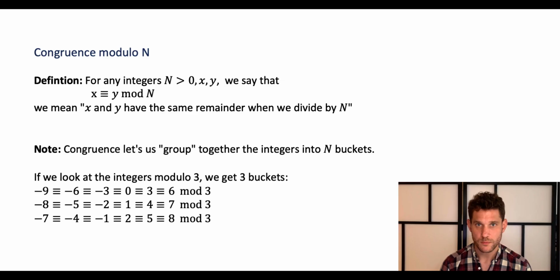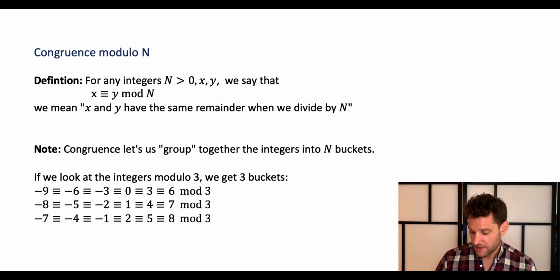When you look at the integers modulo n for some n, this gives you some equivalence relation between integers that we didn't have before. We call this congruence modulo n. So take any integers x and y. We can say that x and y are congruent mod n if they have the same remainder when they are divided by n.